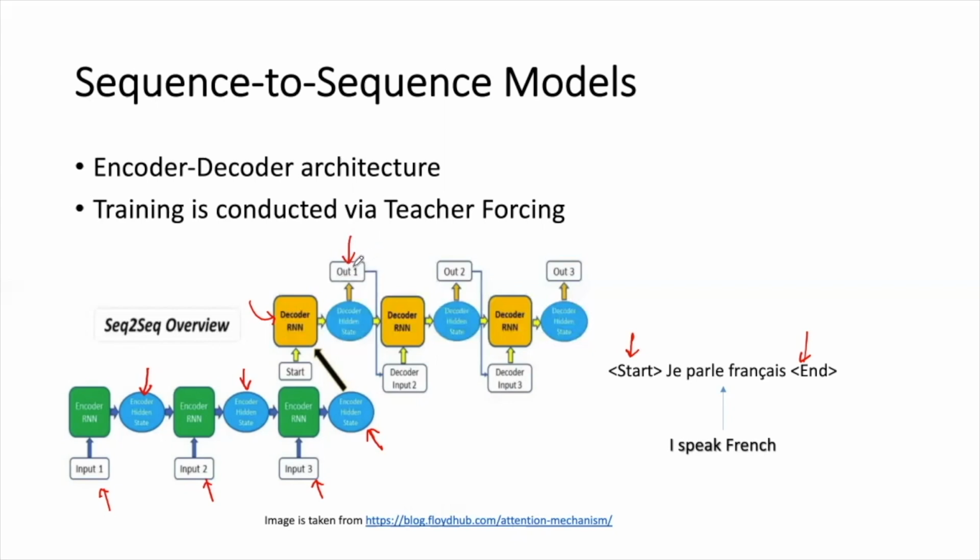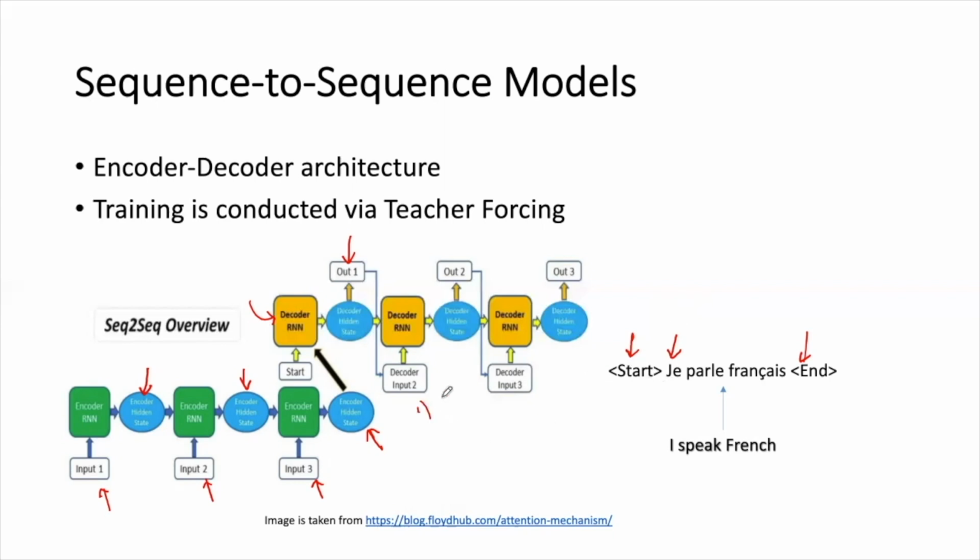Now, once we generate the first output word, we pass that output word as an input to the next step. Let's say, for example, the first word is J. Through our word embeddings, we have a representation for J. The vector representation for J is what is passed here.